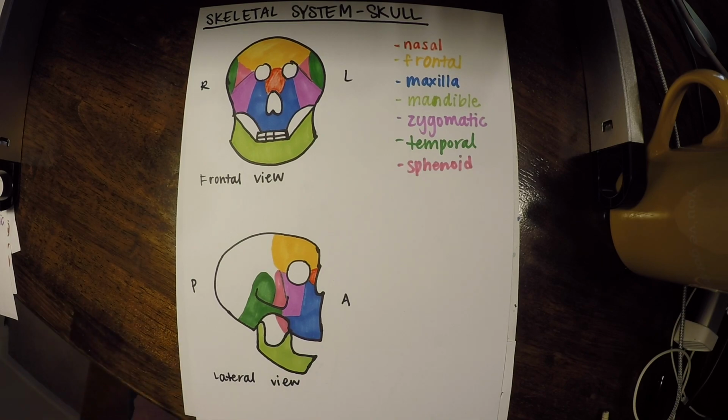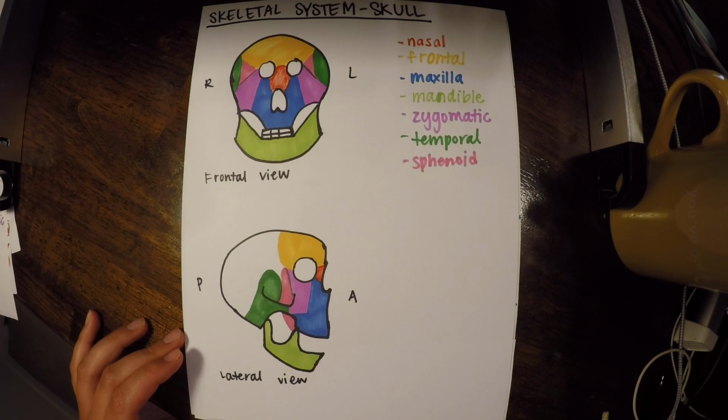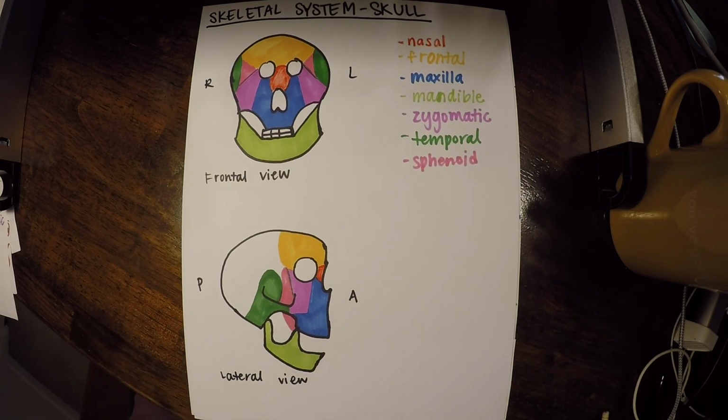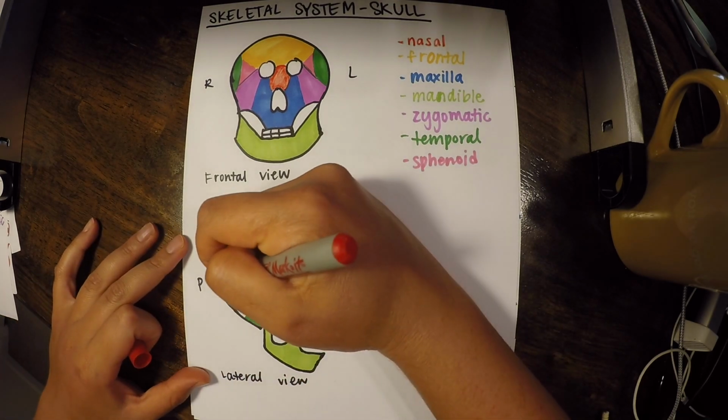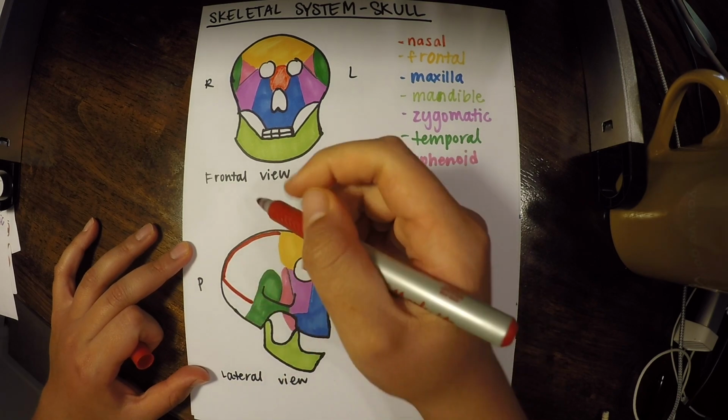Alrighty, now we have two more skull bones that we're only going to be able to see in the lateral view. So our first is our parietal bone, which is going to be this whole big area right here.